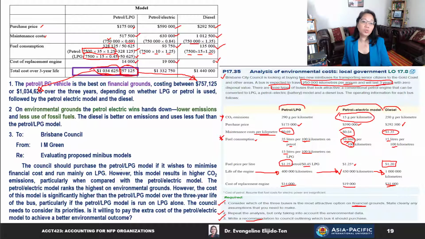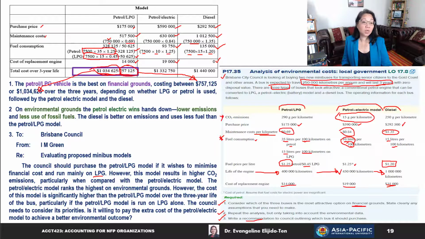The council should purchase the petrol LPG model if it wishes to minimize the financial cost and run mainly on LPG, and then you'll provide the calculation. All right. However, this model results in higher carbon dioxide emissions, particularly when compared with the petrol-electric model.